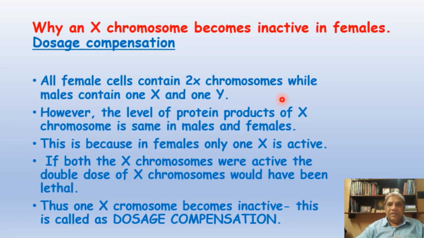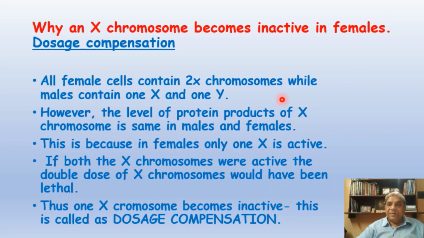Now you have learned that there should be two chromosomes and one should be active, so that male and female produce the same quantity of proteins, right? But what about the extra chromosome in the male?